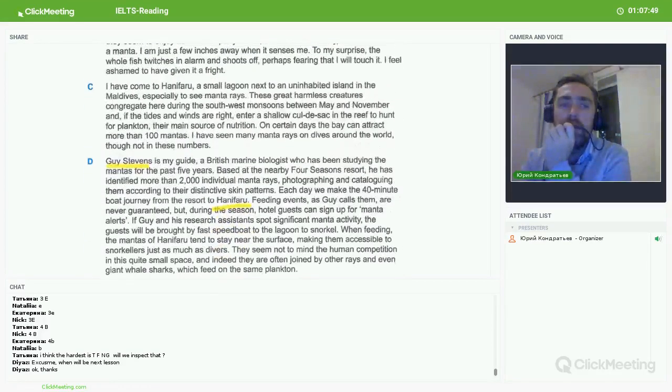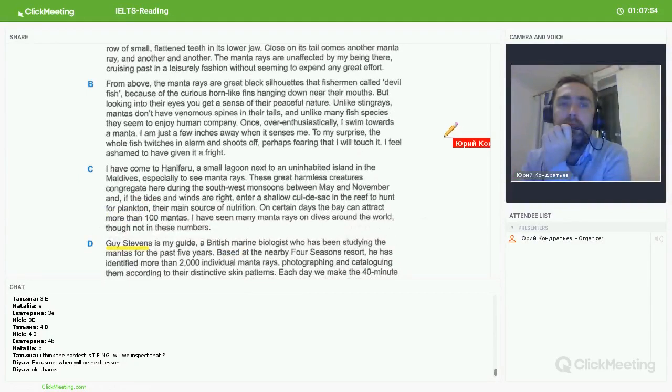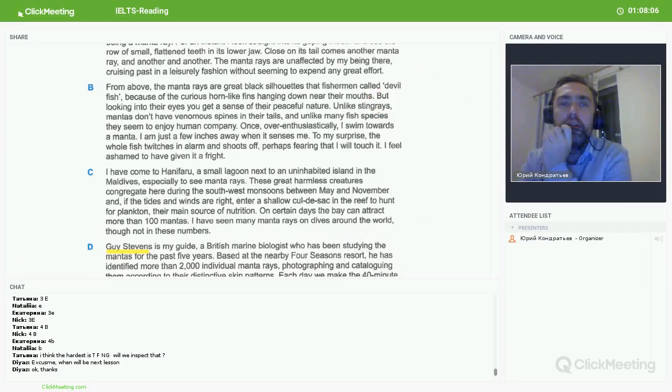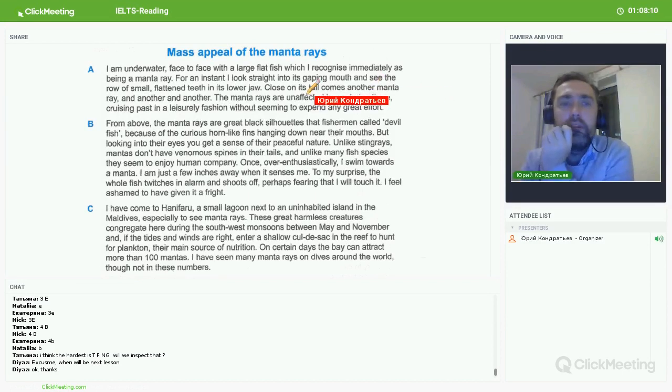So here is the text. And I need to find something like that you can distinguish or you can't distinguish one manta ray from another. Ideally, I should try to do this in under 1 minute.